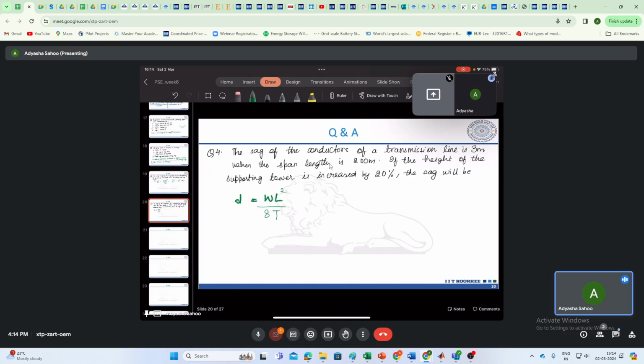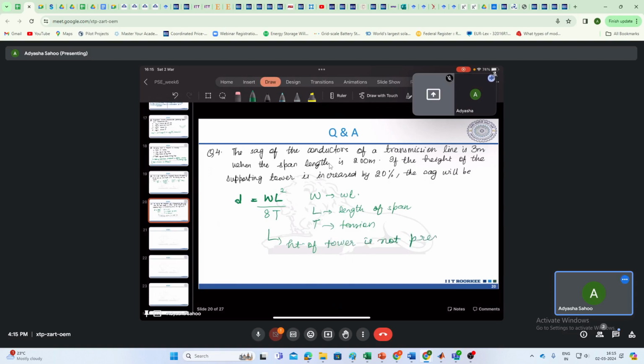So in this sag formula, W is your conductor weight per unit length, right? L is length of span, T is your tension. So in this formula, you don't see the height of tower. Height of tower is not present.